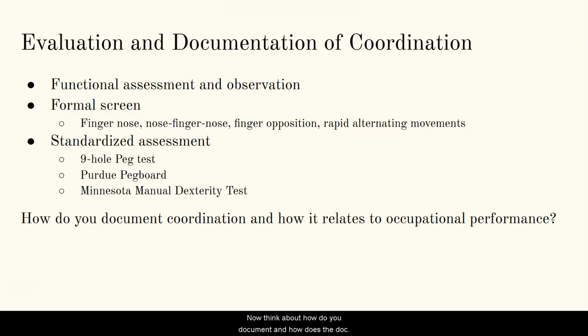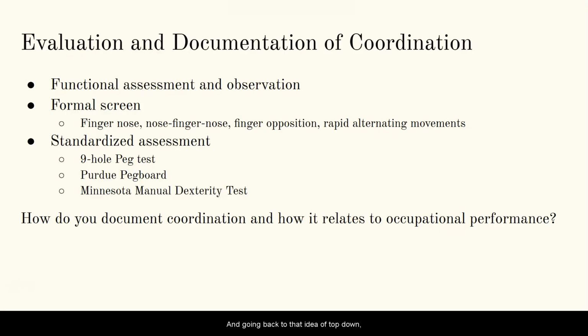Now think about, how do you document, and how does your assessment of coordination relate to occupational performance? So being very specific, you assessed these things, they were not able to complete these things, impacted them how?